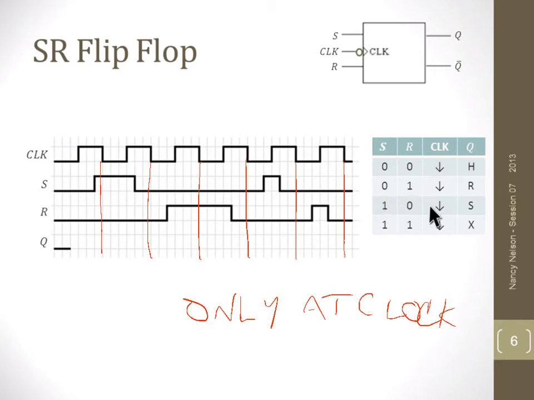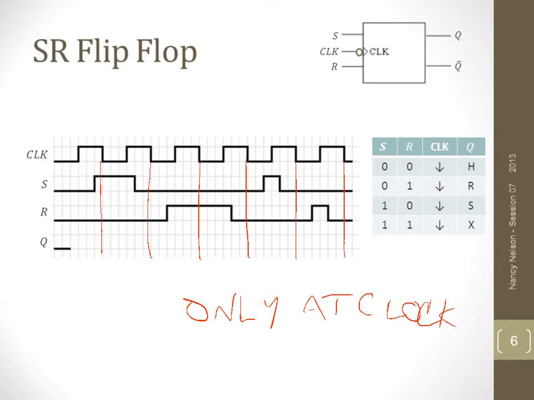So we can see here we get a set, Q goes high. We get a reset, Q goes low. Both inputs are inactive, we hold what value it has. When both of them go active, we still get that instability. So it doesn't matter whether it's a set-reset latch or flip-flop, we don't want our inputs to go active at the same time.